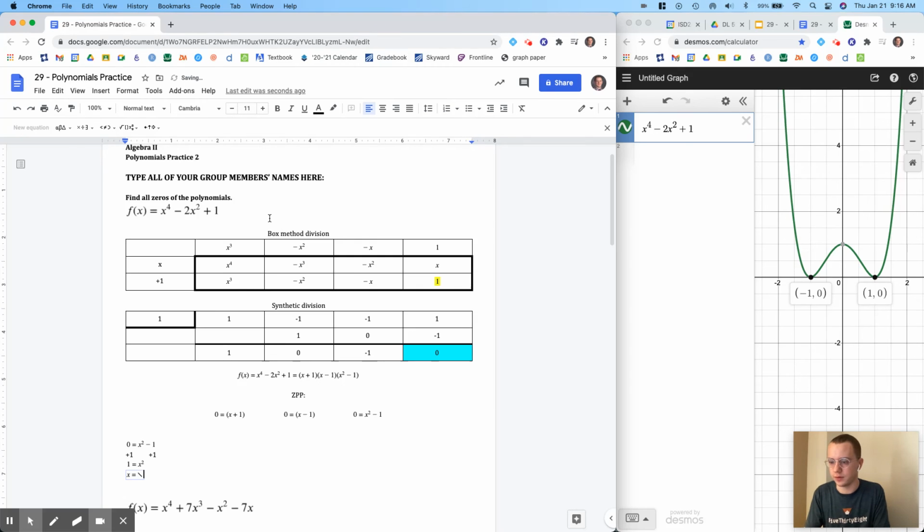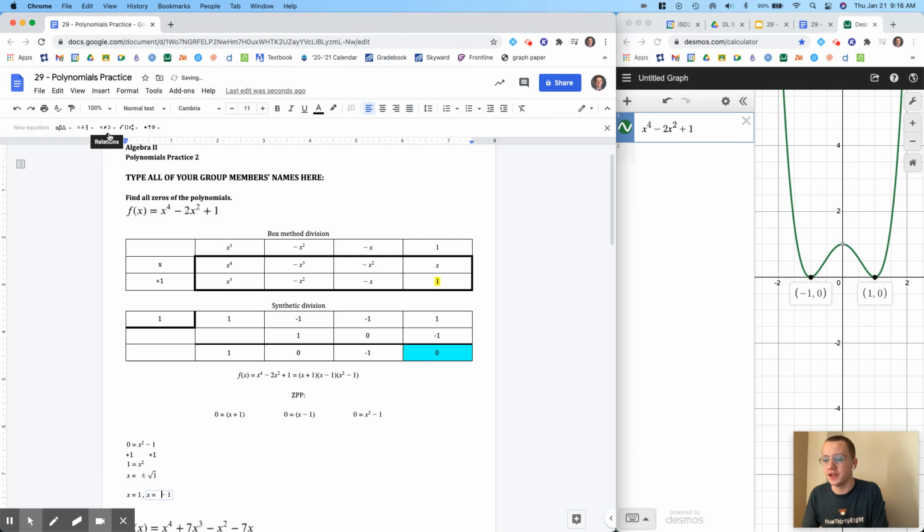You can do slash PM for plus or minus, and then slash SQRT for square root, and you get plus or minus 1. So the square root of 1 is 1, and so our answers are x equals 1 and x equals -1.